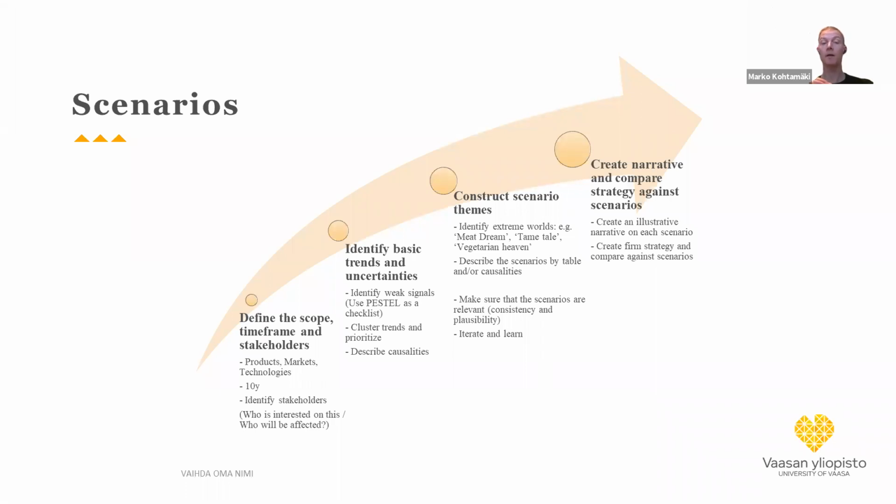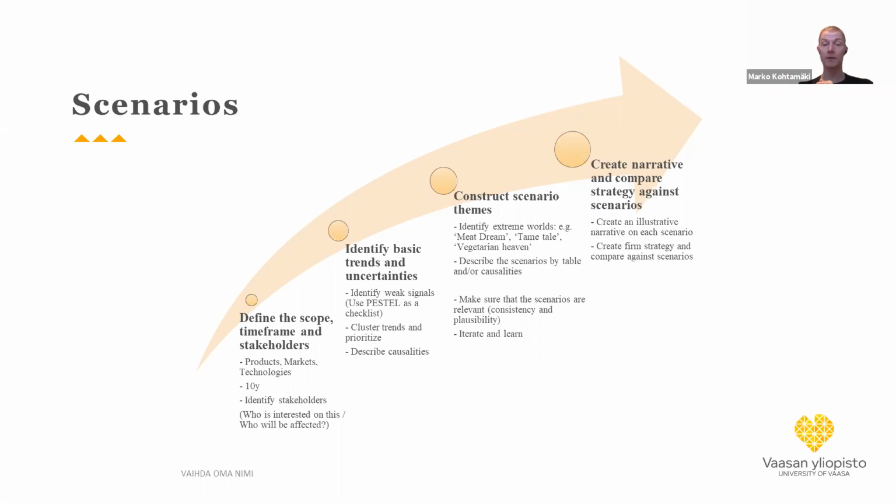Define the scope and time. So we have four phases. First, define the scope, time frame, and stakeholders. So we define the scope in terms of products, markets, and technologies, and the time scope, perhaps depending on the industry, depending on the firm needs, 10 years, 15 years, 20 years, 5 years.